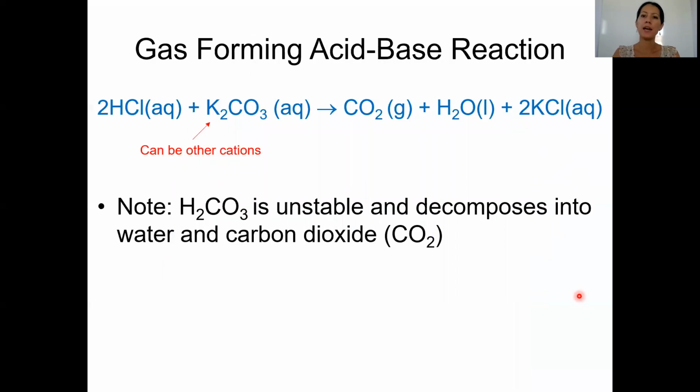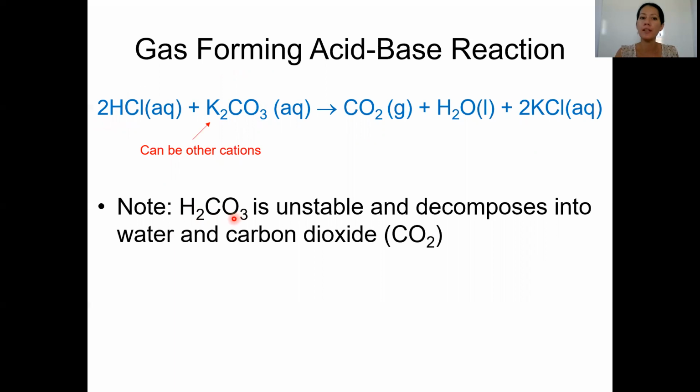The last type of acid-base reaction is a gas-forming one, producing CO2. You'll see this come up quite a bit in some of the problems and in your lab. Basically, this doesn't have a hydroxide, but this carbonate can react with two H+, so carbonate's a 2-, so it'll need two H+, to give an intermediate H2CO3.